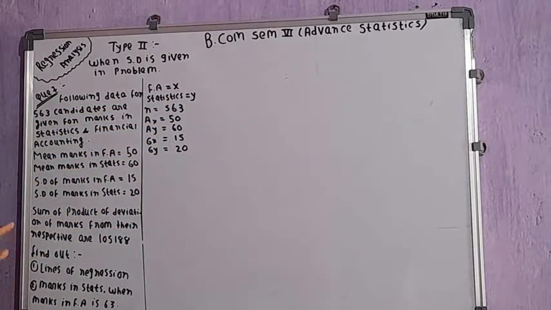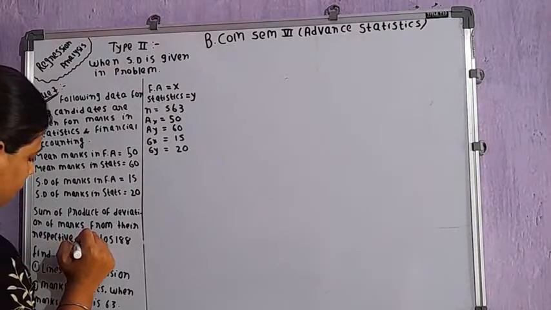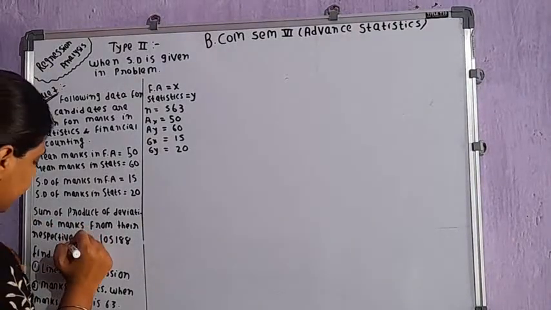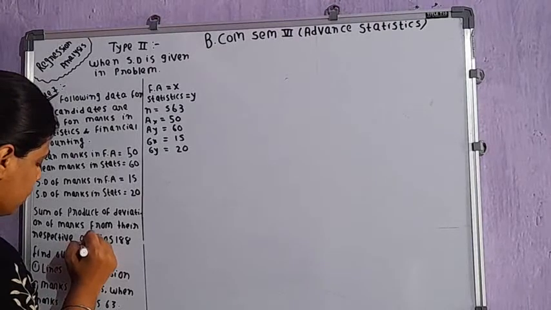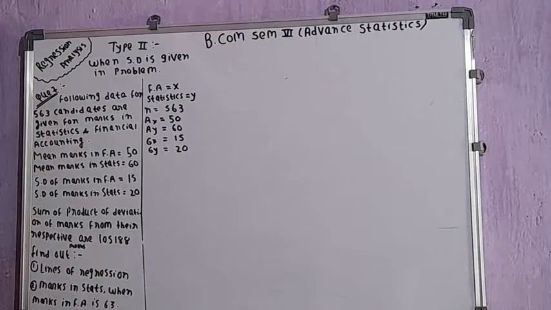The sum of product of deviations of marks from their respective means is 105188.